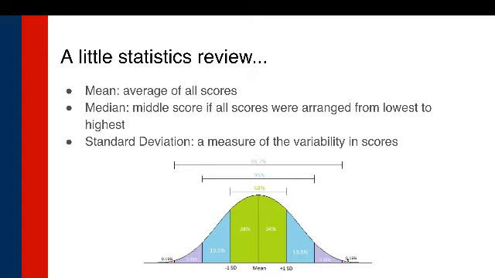This is based on a typical bell curve, and again shows variability in scores, which will become a little more apparent as we get a little farther into this video.